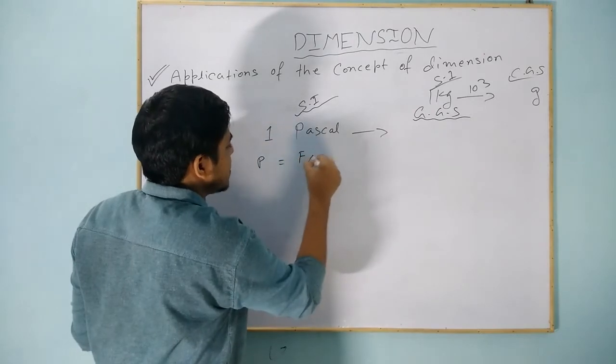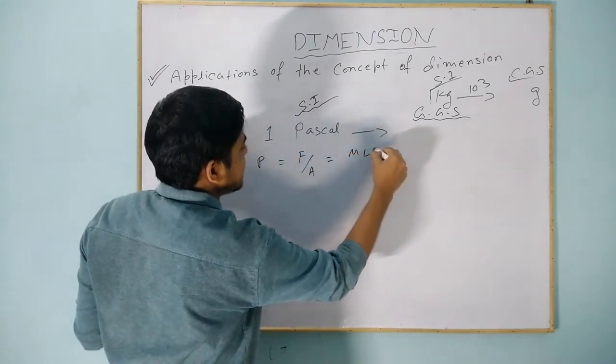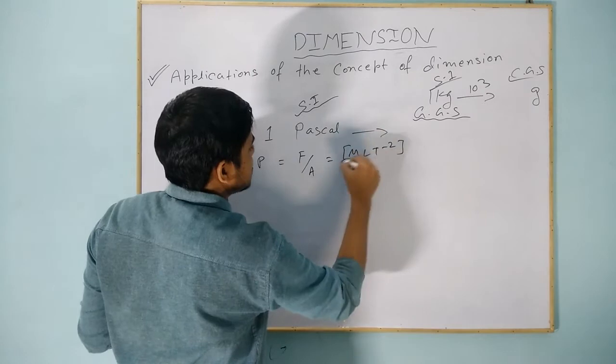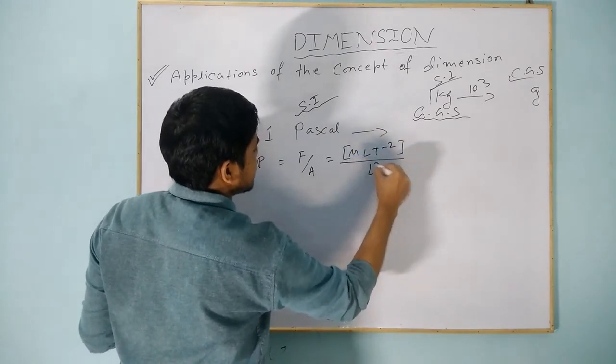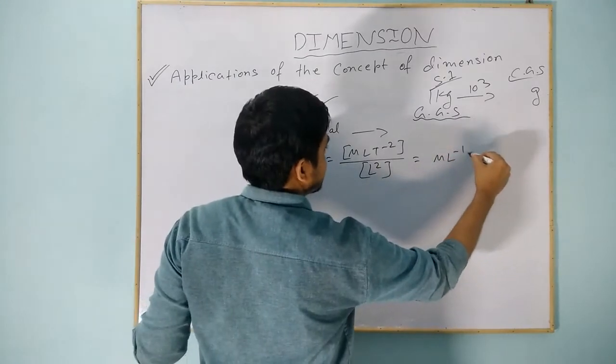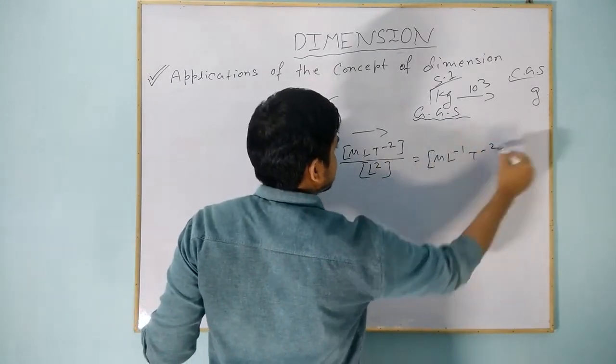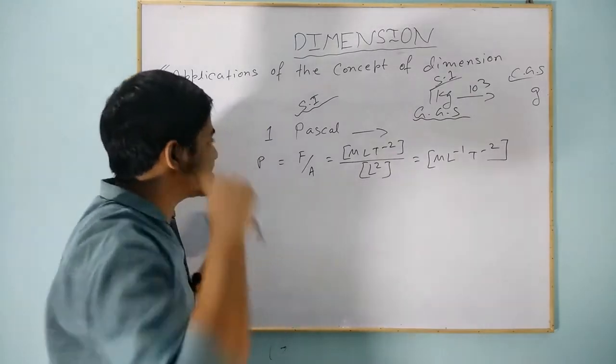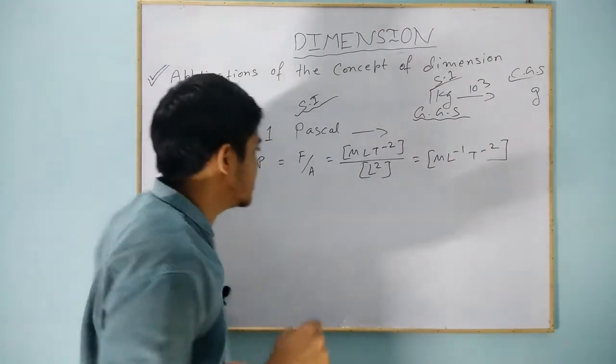Pressure is force upon area, that is MLT raised to the power minus 2 upon area L square, that is ML raised to the power minus 1 T raised to the power minus 2. Clear? So this is the dimension of pressure.